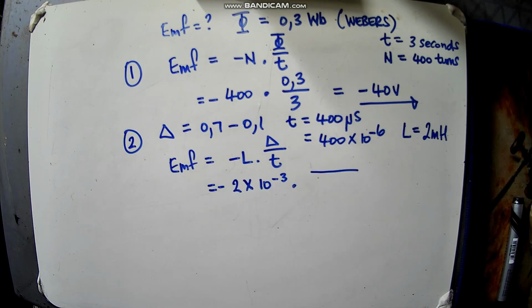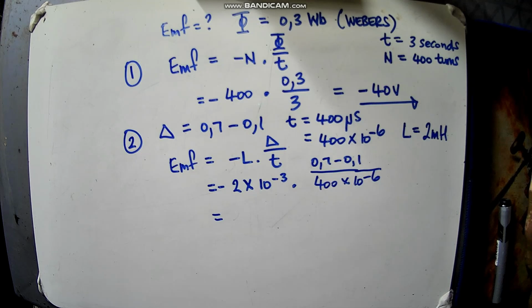Now millihenries is negative 2 times 10 to the minus 3. And then our change in current. And then we have to put the time, which is 400 times 10 to the minus 6. Then plugging all of that into the calculator, we should get, don't forget the negative, 3 volts, and that is question number 2 completed.